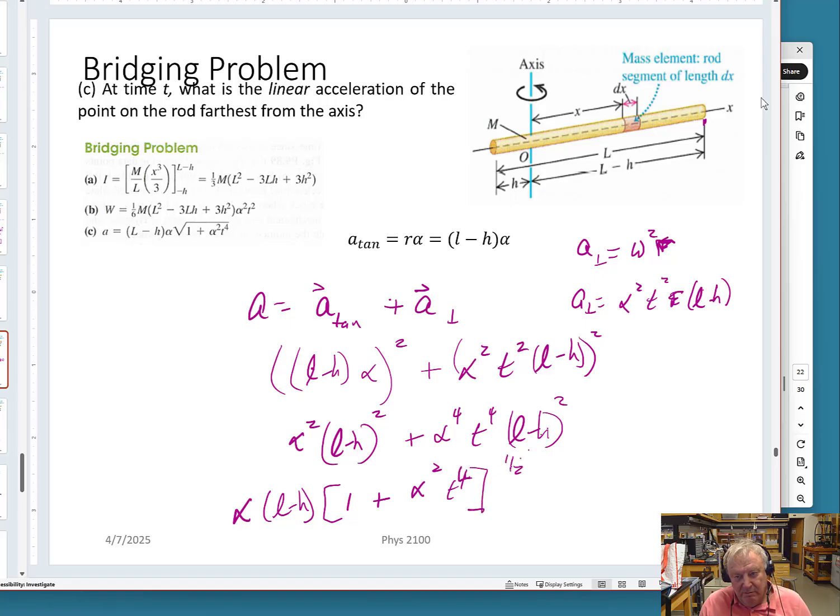Yeah, I don't expect it to be a constant because as it goes faster and faster, it needs more and more of a perpendicular component to maintain that rigid body motion. Okay.